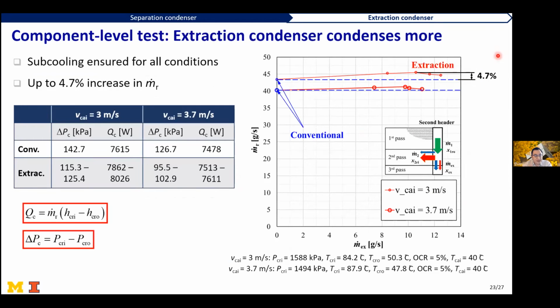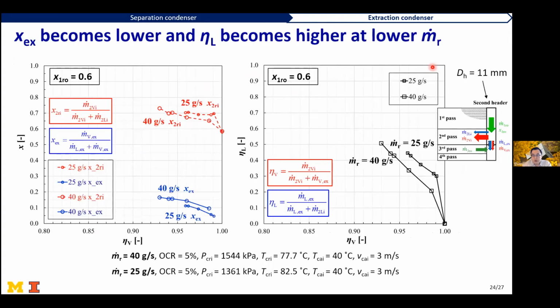So then next, we also compare the condensate flow rate, which is the comparison criterion, the same criterion I used for the separation condenser, and found up to 4.7% improvement. And also in this research, we have studied the effect of total flow rate on the separation phenomenon inside the second header.